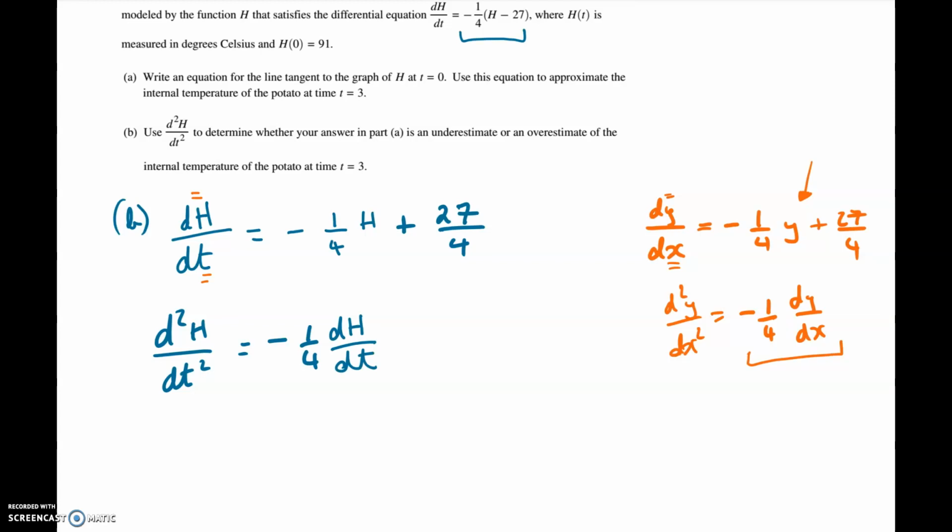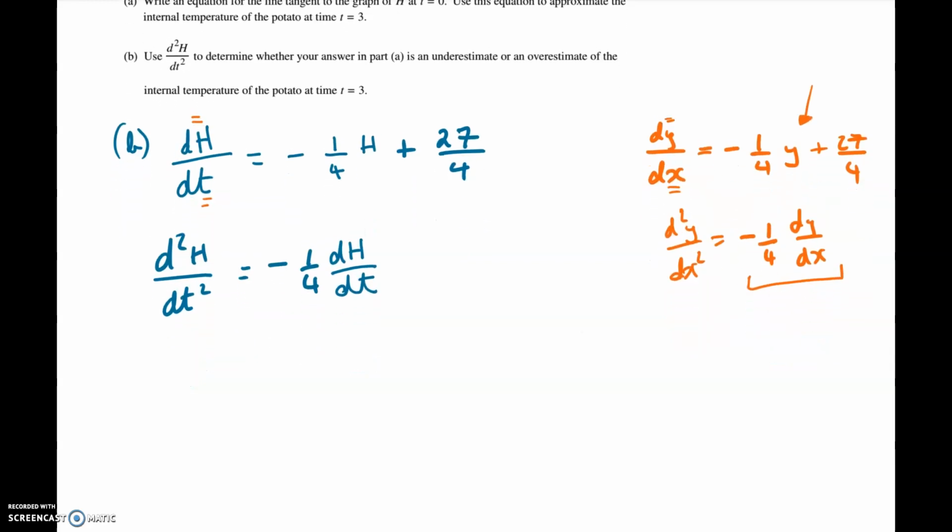Now what we have to do with that is to determine whether our answer is an underestimate or overestimate. Whenever you're trying to say whether a tangent is an underestimate or an overestimate, basically you're thinking about concavity. So underestimating or overestimating with tangents depends on the concavity. So let's replace the dh/dt now.